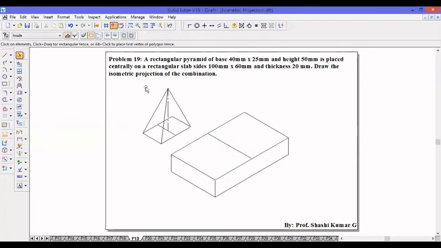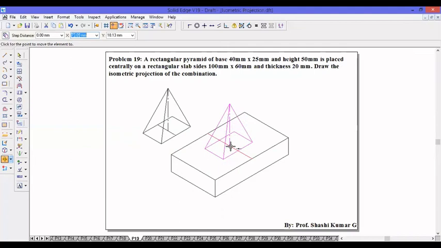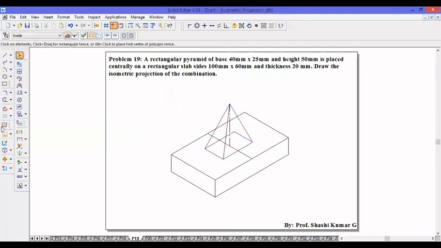Now move this rectangular pyramid from the apex. Switch on move, copy is not required, switch off copy, from the base center to the midpoint of the rectangular slab. Then trim the unwanted invisible edges.